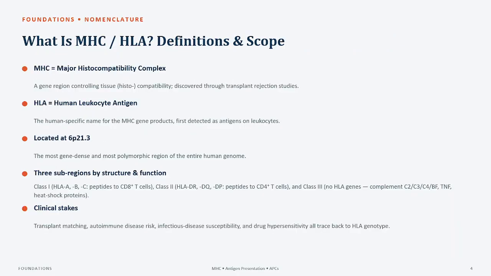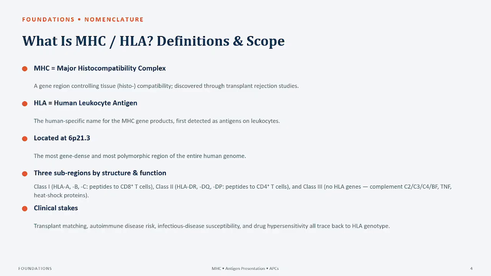So what is MHC or HLA, definition and scope? MHC is the major histocompatibility complex, a genetic region controlling tissue histocompatibility, discovered through transplant rejection studies. HLA is the human leukocyte antigen, the human specific name for the MHC gene products, first detected as antigens on leukocytes.